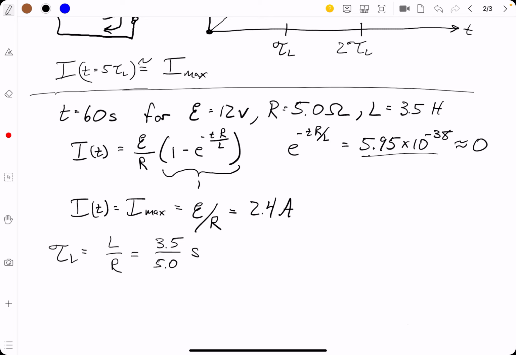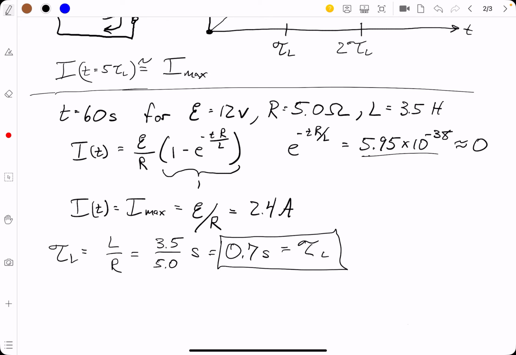So henries divided by ohms gives you a second, and that ends up being 0.7 seconds for tau L. Not cal L, tau L. Not Superman's dad. Or is that Superman's dad? I don't know.